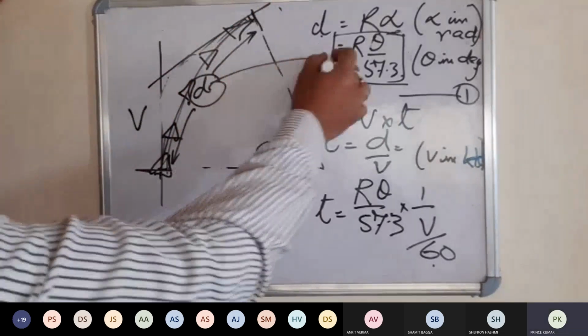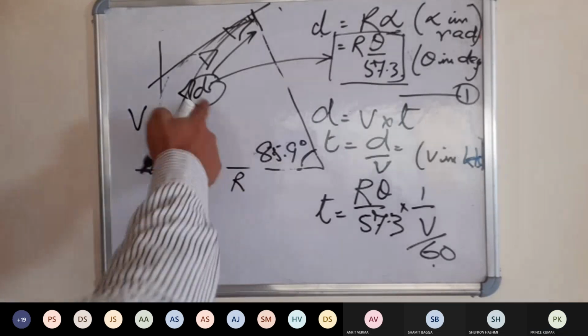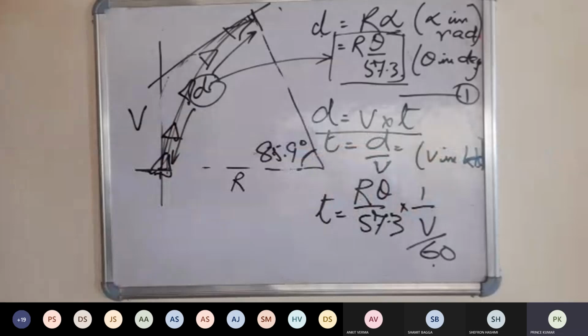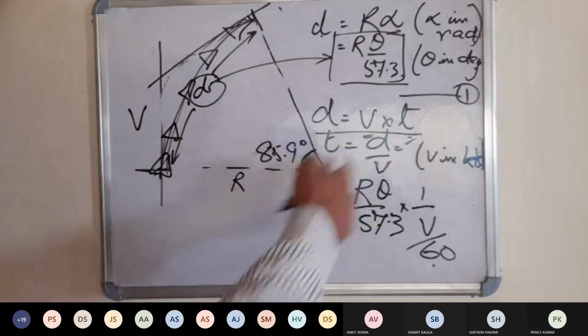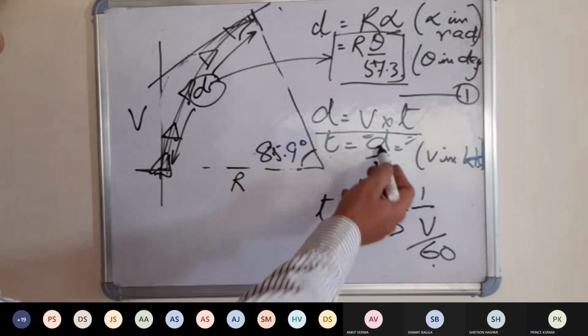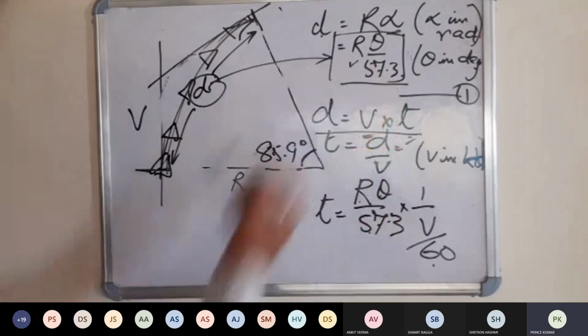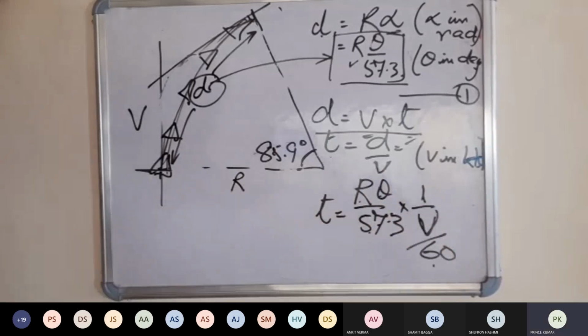And that D is this much. The time taken will be related to this equation, in which we are taking both the time factor and the speed factor. So we put the value of D in this equation, T is equal to so and so, and we put in the value of T. T is equal to R theta by 57.3 into 1 by V. Is that correct?